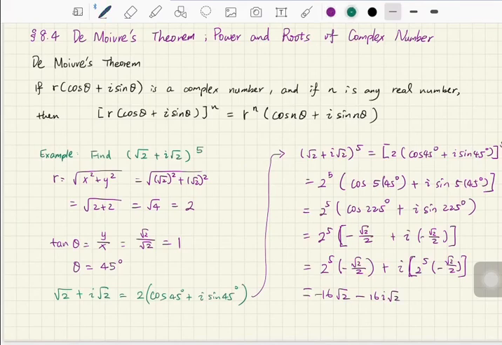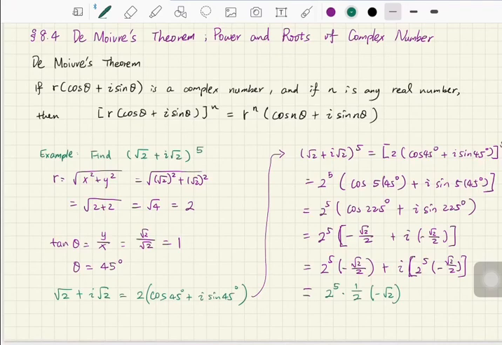Okay, so really quickly, how did I get 16? What I did is I didn't multiply them out, but I just thought about 2 to the 5th power times 1/2, and then kept the remaining negative square root 2 on the side.